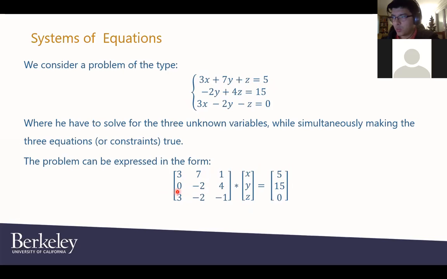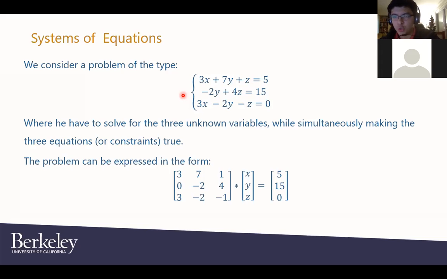0x, we have no contribution of x in the second equation, minus 2 times y plus 4 times z equals 15. That's the second equation. So minus 2y plus 4z equals 15, and you get the gist of it. For such a system of equations to have a solution, we need a few things to hold true.